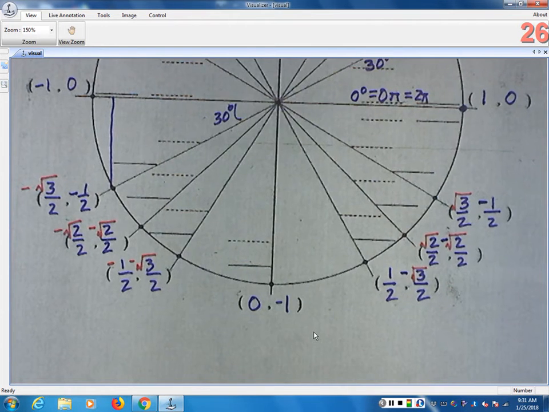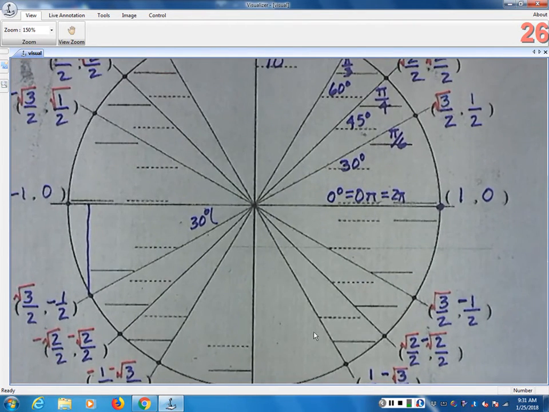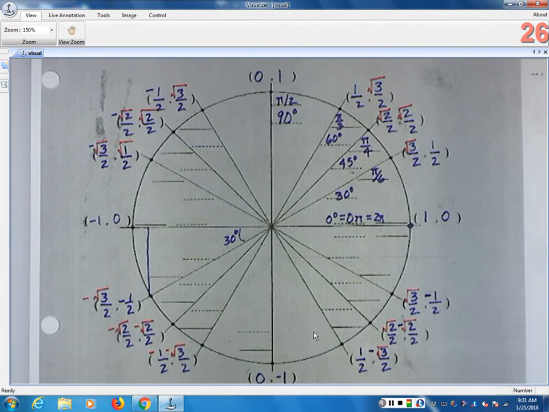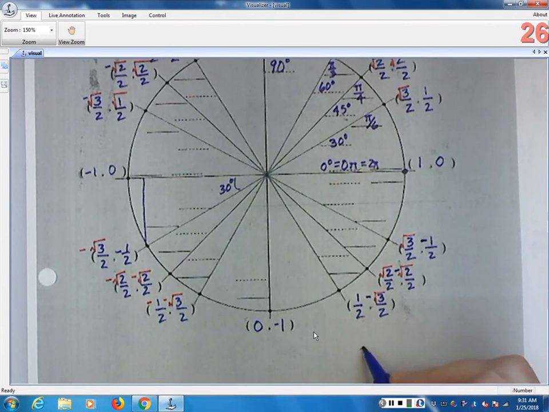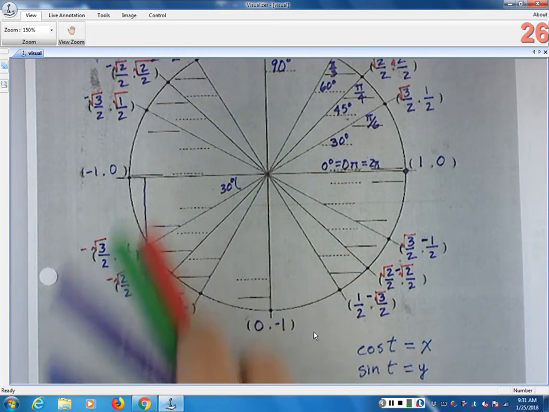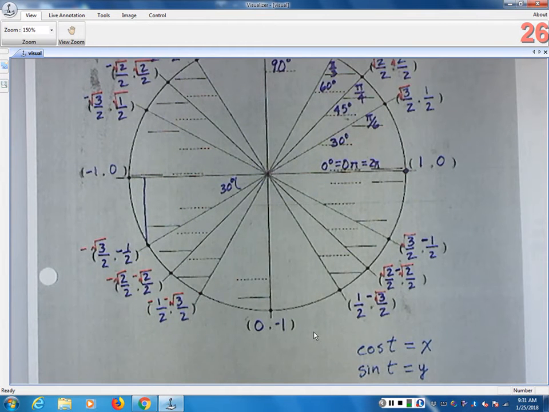And remember, cosine of t is the x coordinate, and sine of t, if t is our angle, is the y coordinate. And we can make little triangles to make sure we get it right. You guys that already did it, we got it right. Okay.